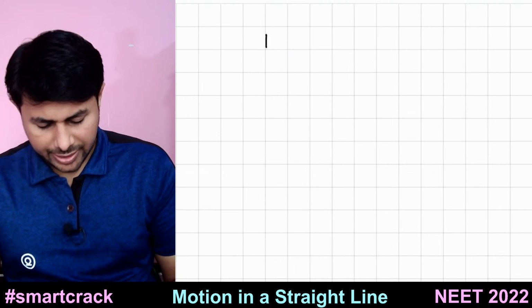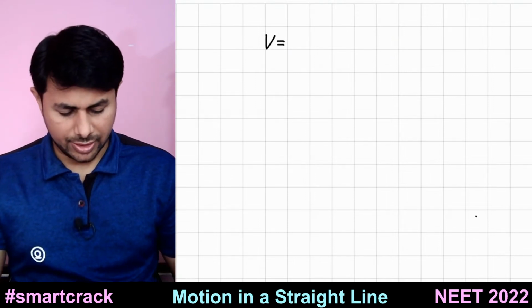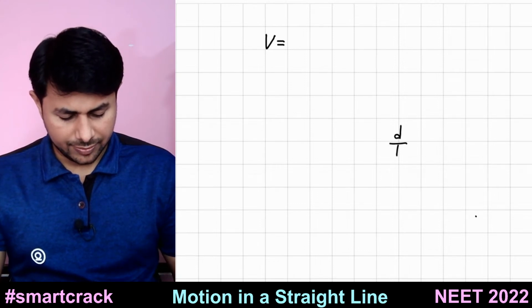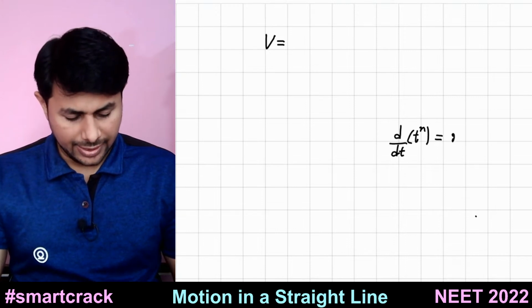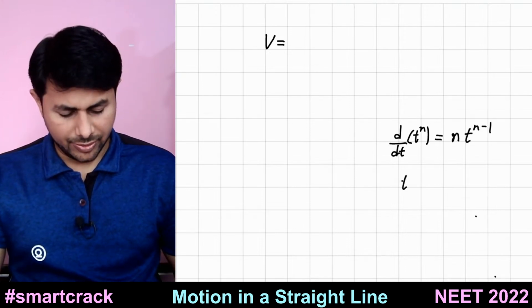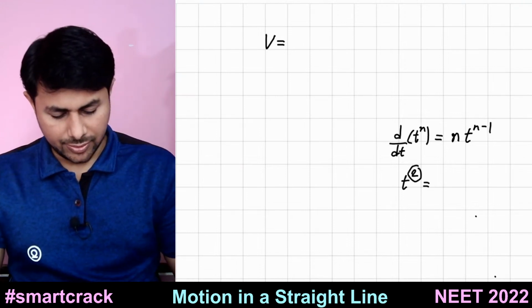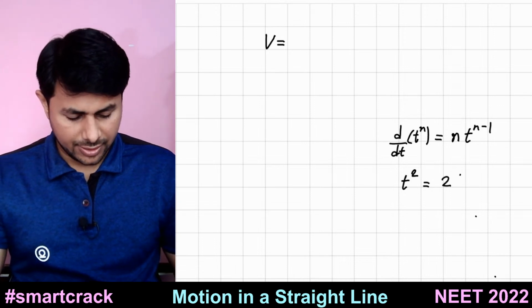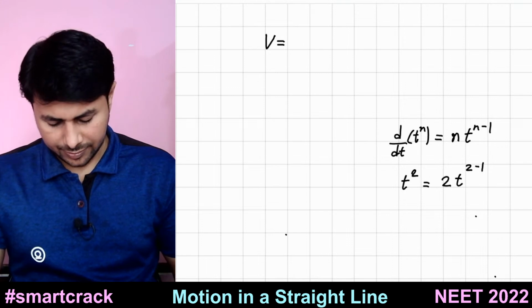What is the derivative of t square? It is 2t. Okay, so we just saw this formula. The derivative of t raised to n is equal to what? n times t raised to n minus 1. So the derivative of t raised to 2 will be what? Here n is 2, so it is 2 times t raised to 2 minus 1. Okay, that's 1.